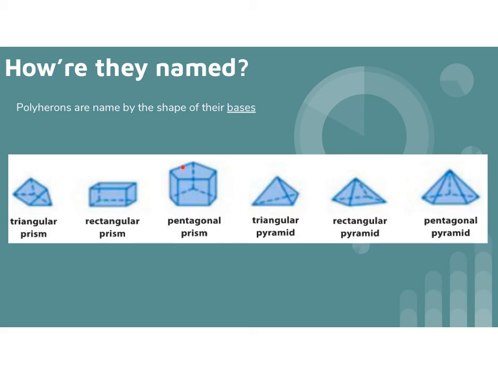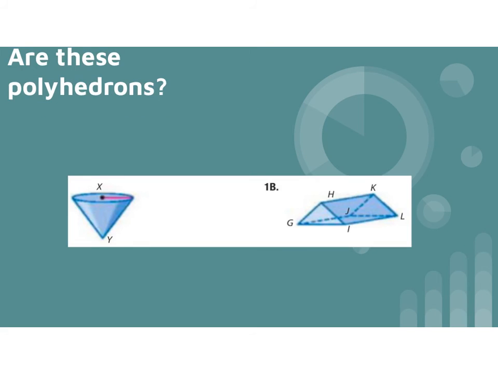Pentagonal, 5-sided. Here we have a triangular pyramid, 3-sided base up to a vertex. And here we have a rectangular pyramid with a 4-sided base up to a vertex. Even a pentagonal prism, or pyramid, sorry, with the vertex at the top. So that is how you can identify and classify polyhedrons.